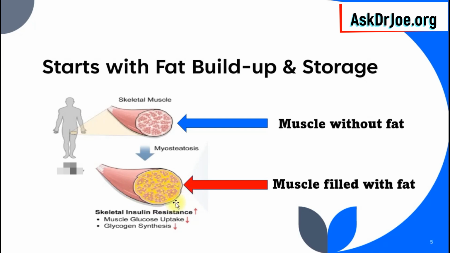And because it's not receiving the glucose, that will lead to a reduction in glycogen synthesis. Glycogen is the storage form of the glucose. So essentially, the muscle is not taking in the glucose, so it's got nothing to make the glycogen from. So you have reduced glucose uptake from the blood circulation, and you also have reduced glycogen synthesis within the muscle.